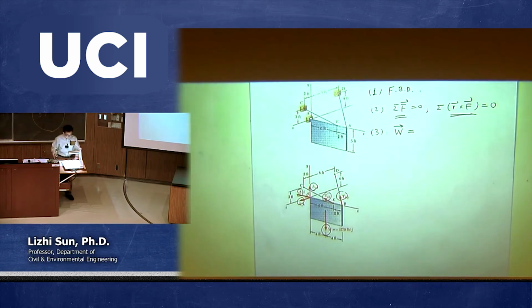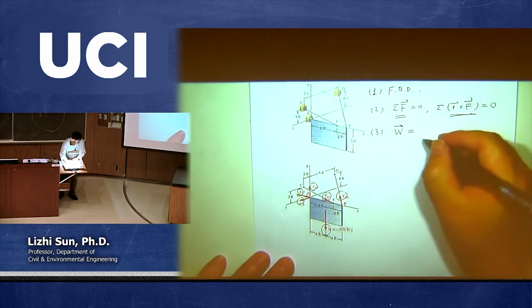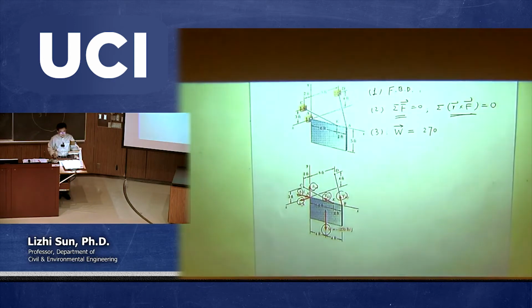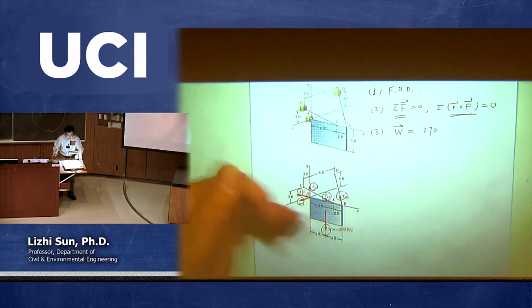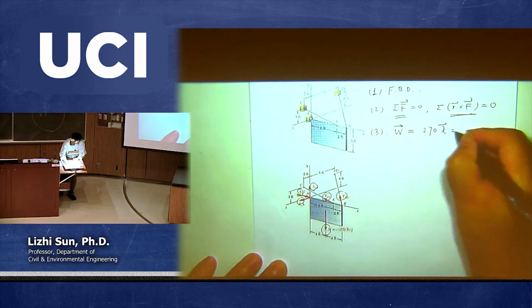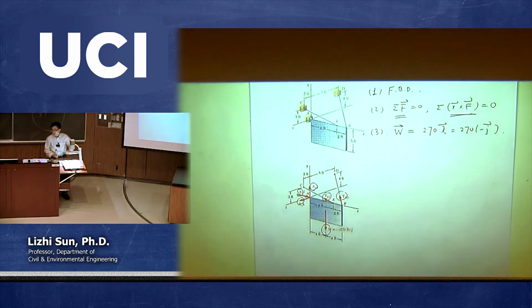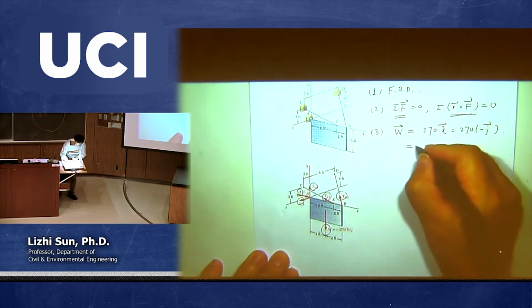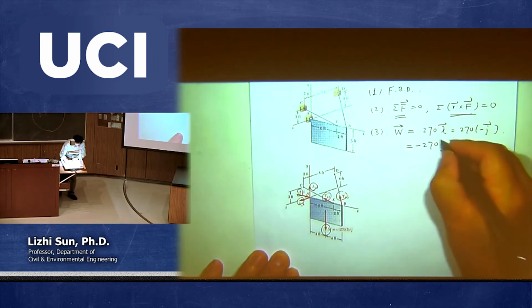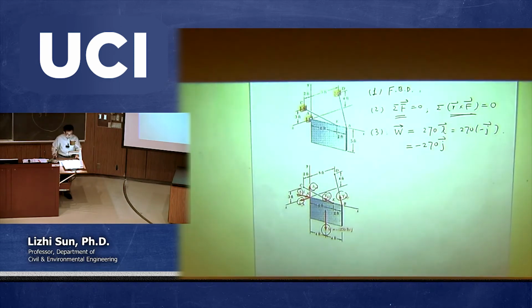The self-weight force, W, is characterized by the magnitude of 270 pounds multiplied by the direction, lambda. But lambda is in the negative vertical direction, right? So it's 270 times negative j, because that's very straightforward. Otherwise, you have to pick two points. So simply, it's negative 270j. In the process, I don't have to write pounds as a unit, but finally, when you conclude, you need to write a unit. So this is the first force, easy enough.